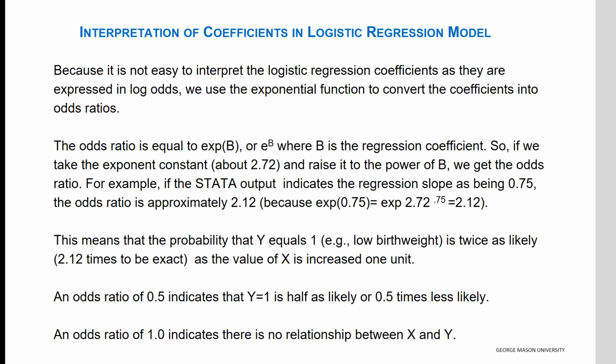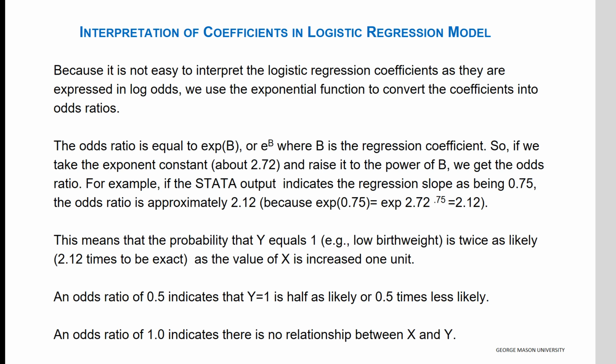If we take the exponent constant, which is 2.72, and raise it to the power of b, we get the odds ratio. For example, if the output indicates the regression slope as being 0.75, the odds ratio is approximately 2.12, because exp of 2.72 to the 0.75 power equals 2.12.